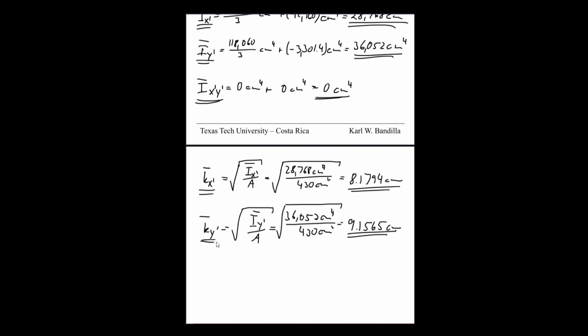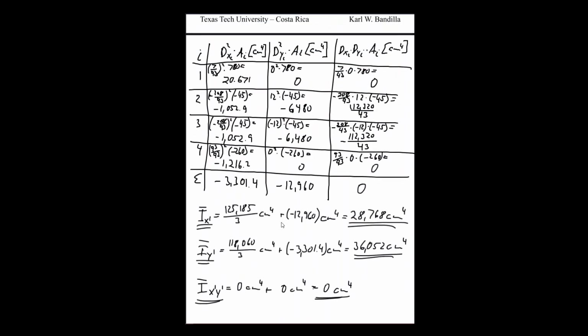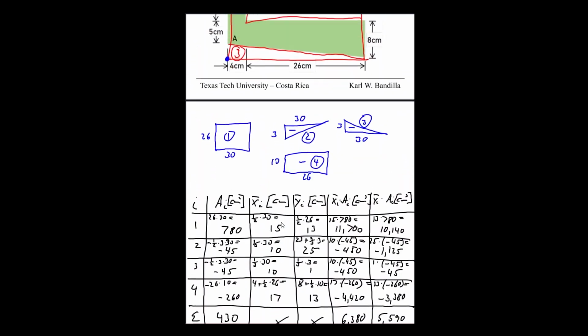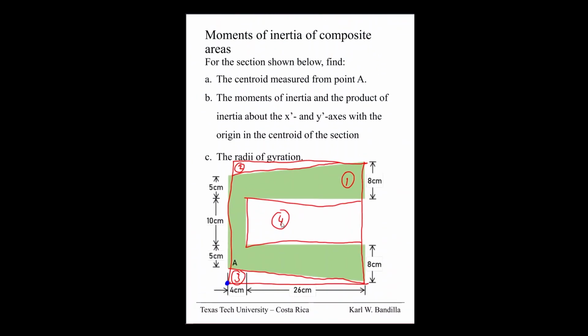Very good. All right, so that was a little bit of a slog, but now we've got everything that we need. We filled out all our tables in order for us to find out what the moment of inertia around the centroid is, and also what the radii of gyration are.